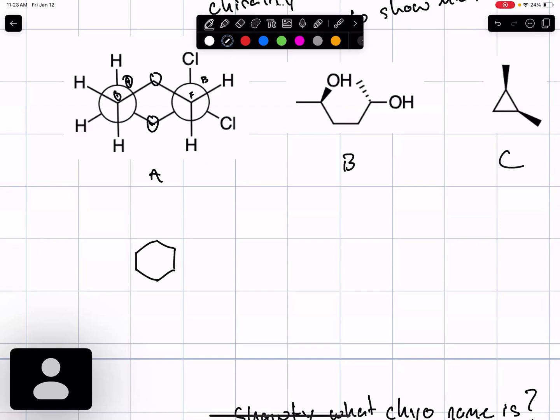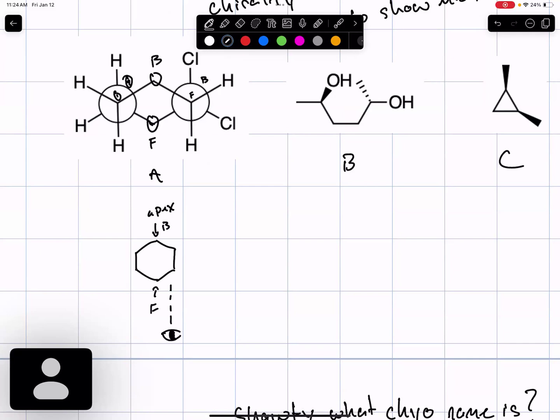I can't do this on my iPad, but what you're looking at is basically from this side, as if you're looking at it straight ahead. These two are the apex carbons. If this was front and this was back, this would be the front carbon, this would be the back carbon.